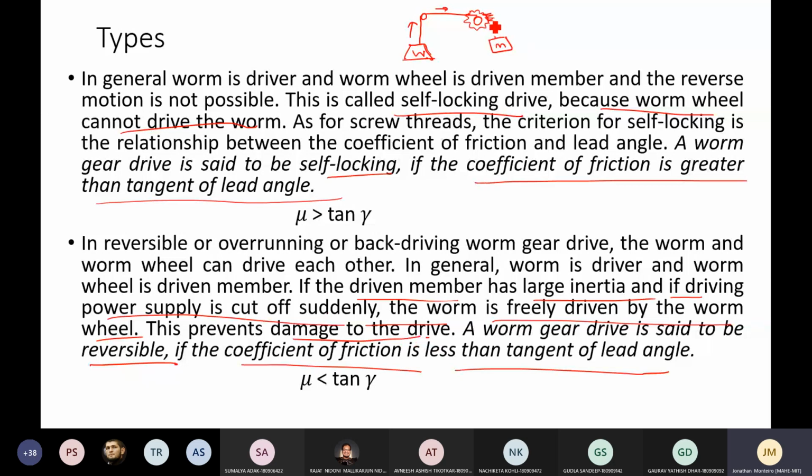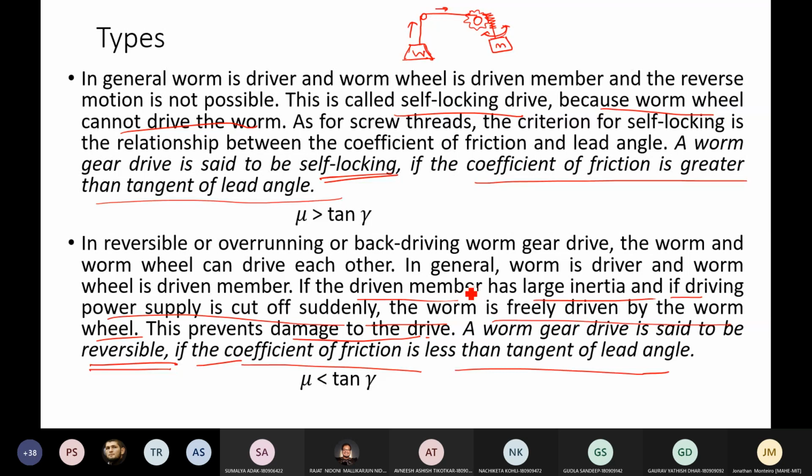So in order to prevent that damage, we will give a reversible drive, so that when it stops working, the worm wheel will slowly start rotating, and obviously this will start rotating back in the reverse direction, and the load will slowly come down. So such things are also available. It all depends on the application, but this concept of self-locking and reversible drive, similar to power screws, holds good even for worm and worm wheel.